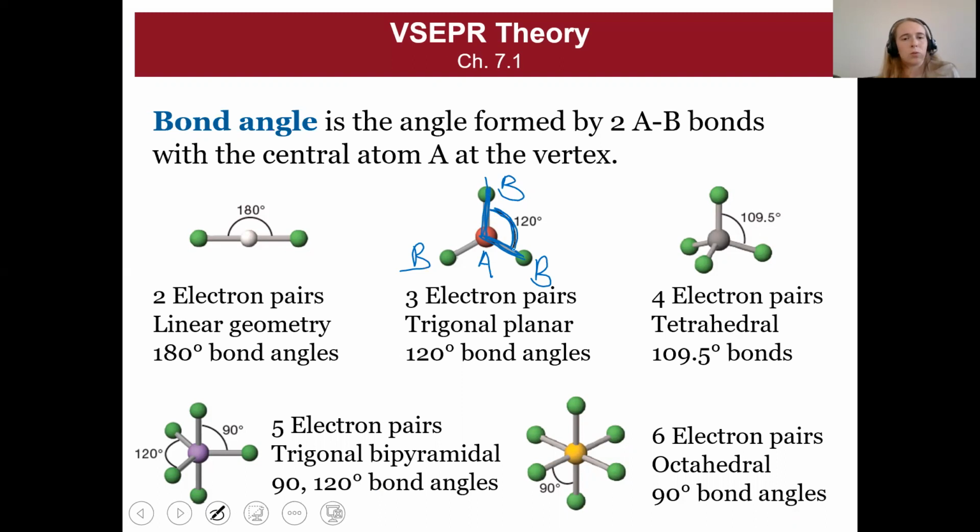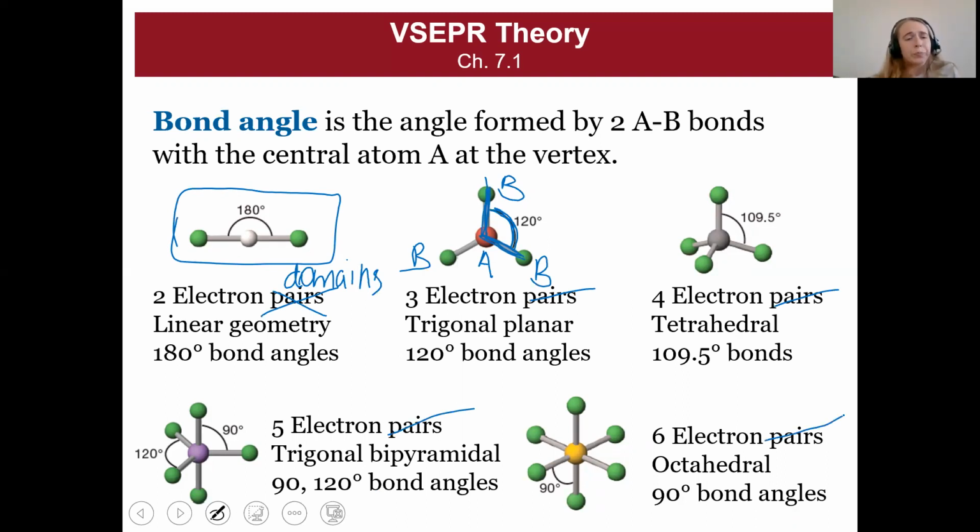That's our bond angle. So when we only have 2 electron domains, sorry, I should not call them pairs, I should call them domains. I missed that when I tried to update these slides. Imagine all of these say domains, not pairs.